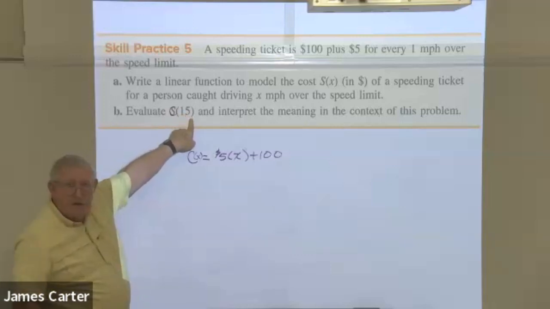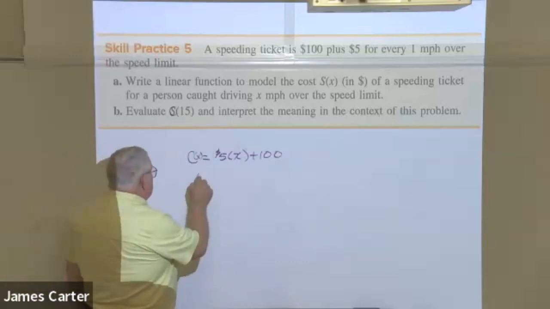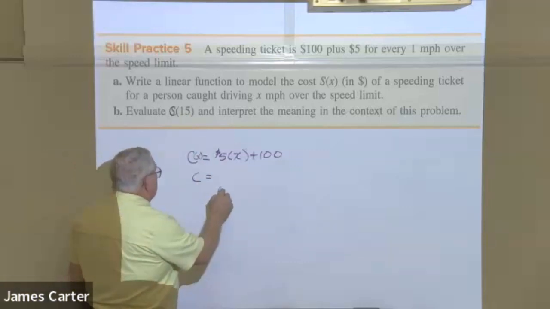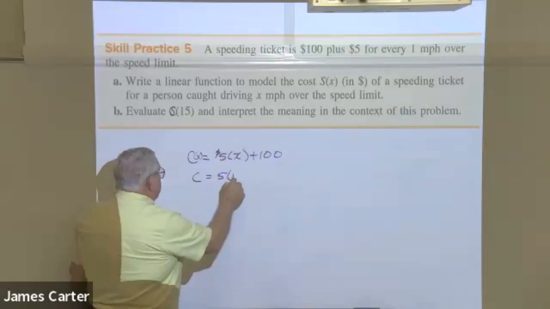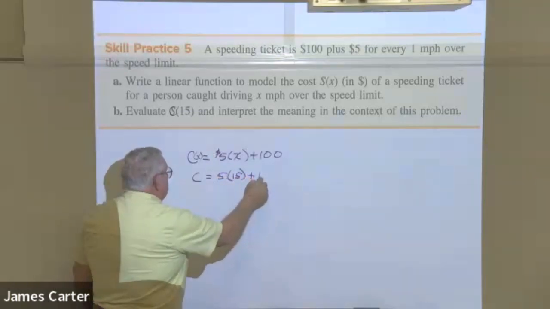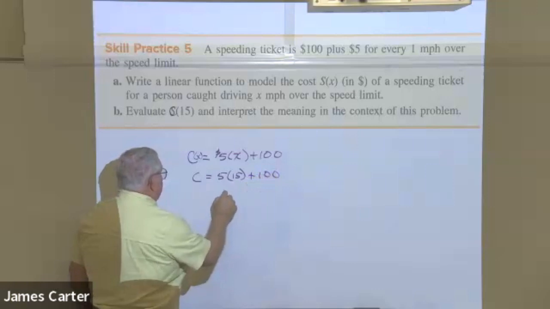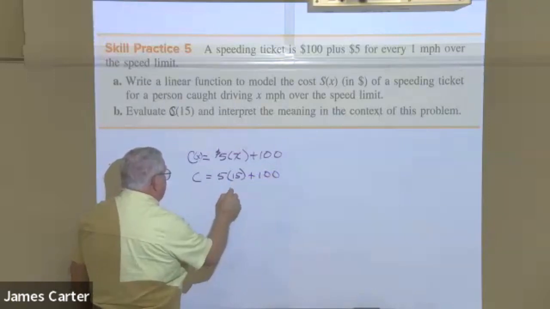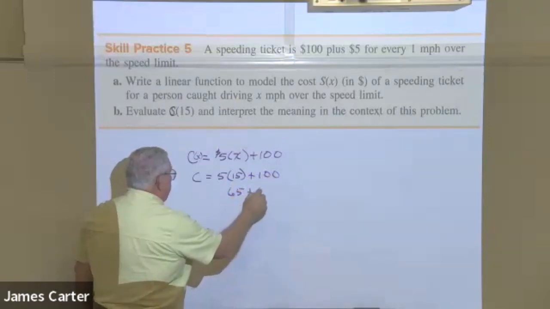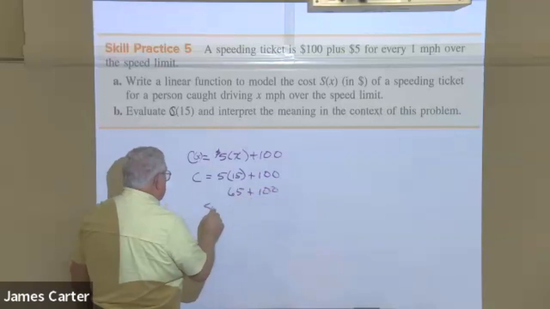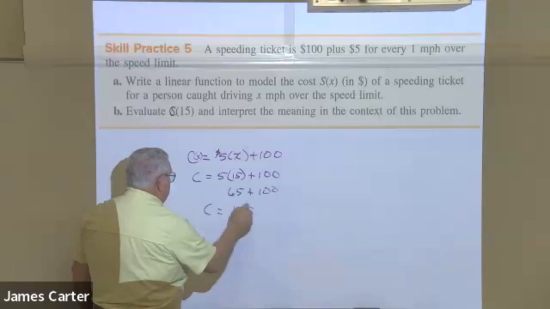Whatever the speed limit is, he was going 15 over. So you simply say the cost of his ticket is $5 times 15 plus 100, or in this case, 5 times 15 is 75. So the cost of his ticket was $175.